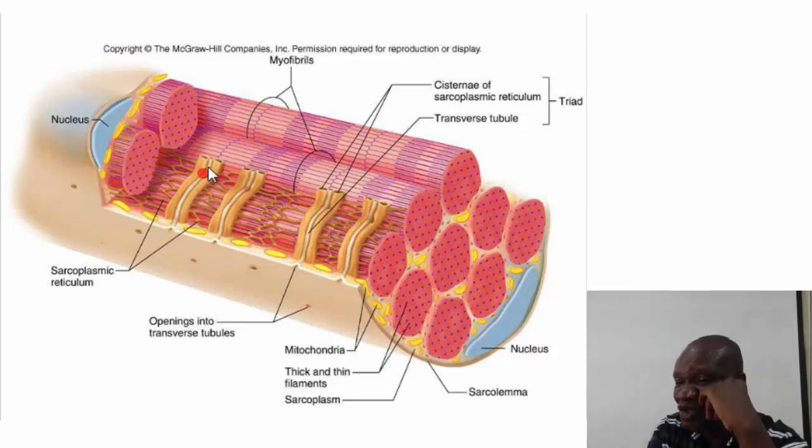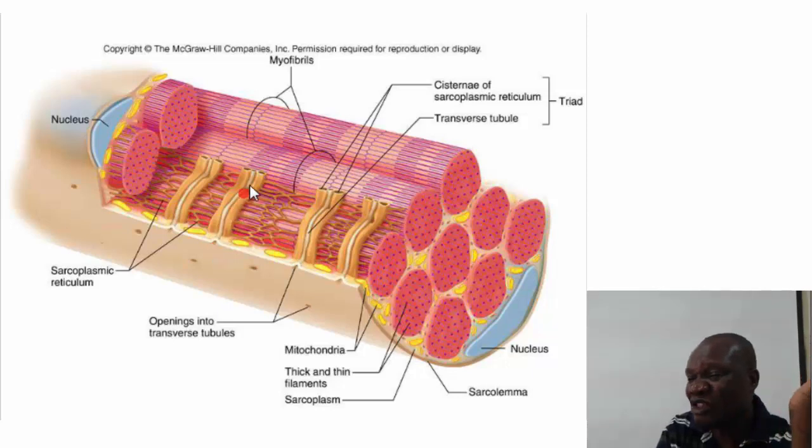Now, these tubes that enter this cell are called T-tubules. And it is via these tubules that action potentials will get from the surface of the cell into the cell.